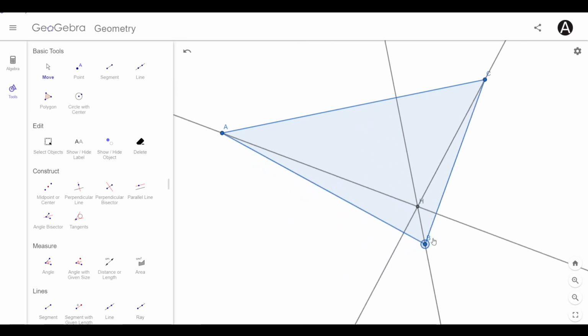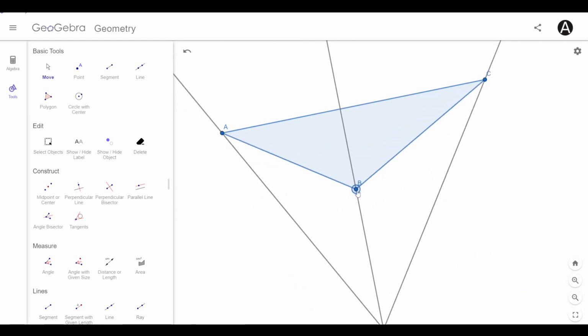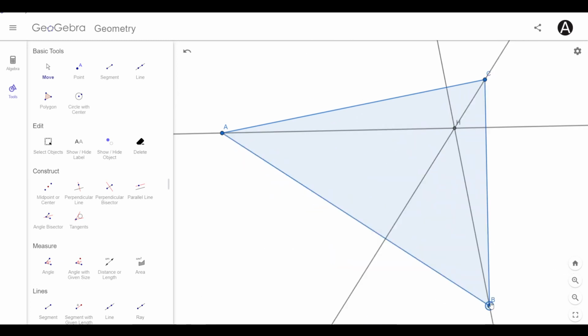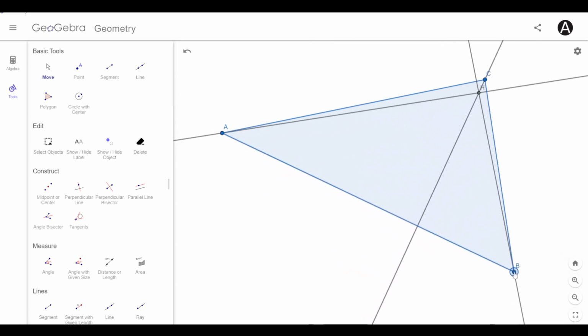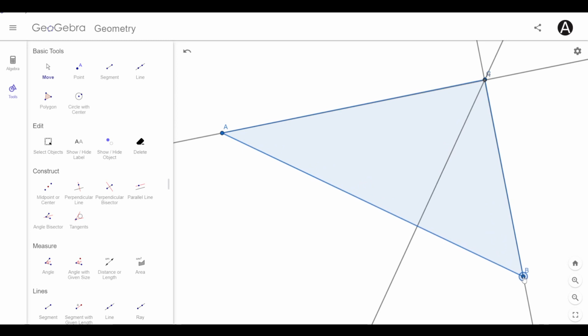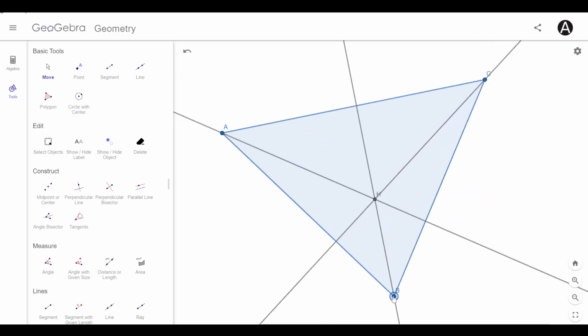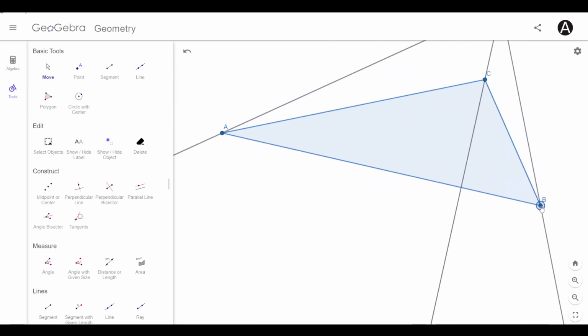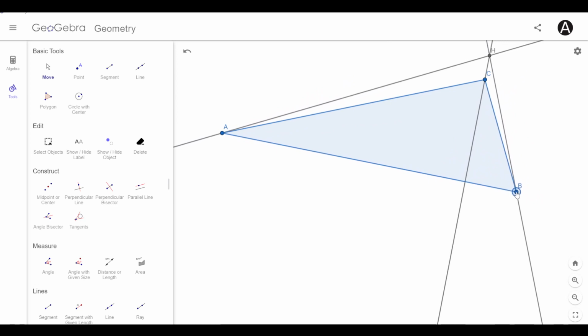No. Look, I could do this all day long, right? And they intersect. Now, if I made this a right angle, guess what? They intersect at one of the vertices. If I make it obtuse, where do you think they intersect? Outside it.